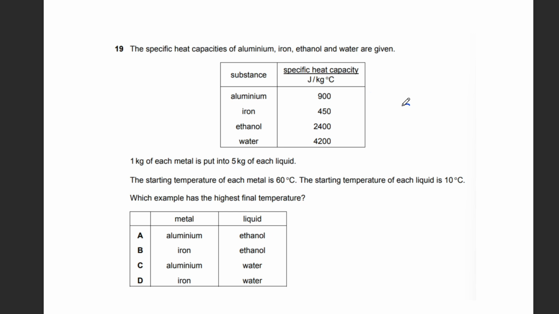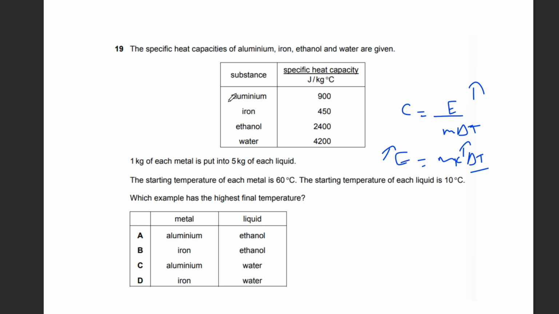So we know that C is equal to E by M delta T. We start with metals. So they have the same initial temperature, which means that aluminum will have more energy because E is equal to MC delta T. When temperature is constant, then they are directly proportional to each other.